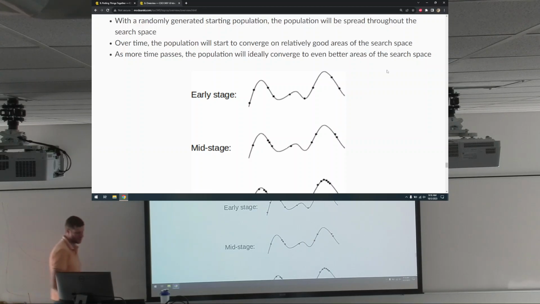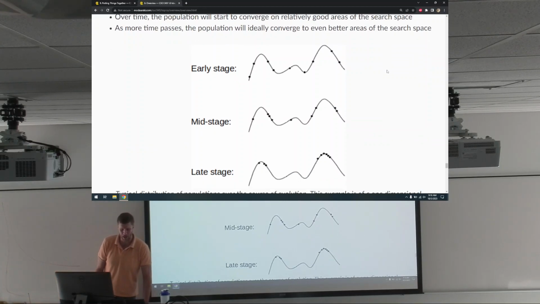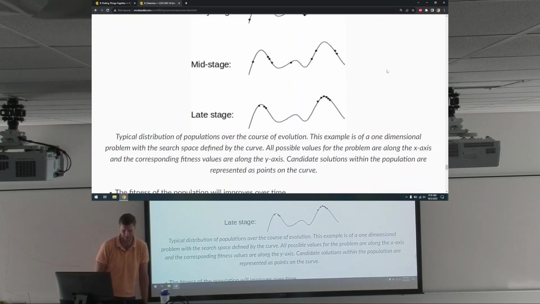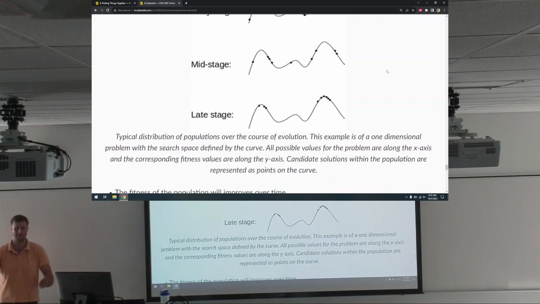As the algorithm starts to go, it's going to look a little more like that middle one. They start to cluster a little around what's good. And then later in the algorithm's search, you'll have something like this, where maybe you've got some close to the local optimum, some at the global optimum, etc. That's usually what you expect to happen with your evolutionary algorithms in your search spaces.